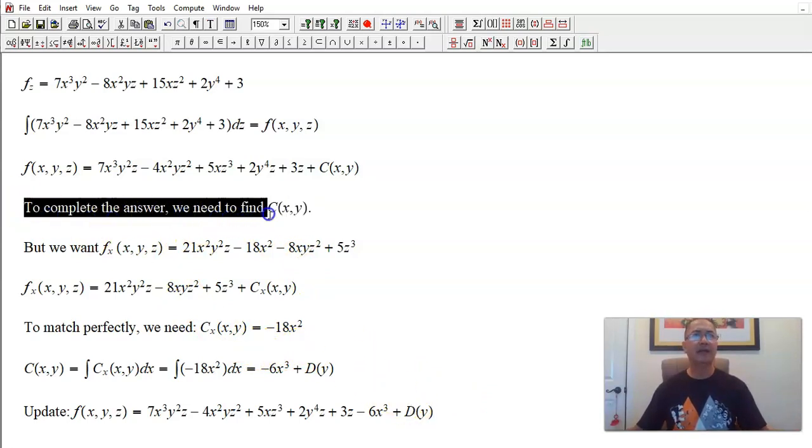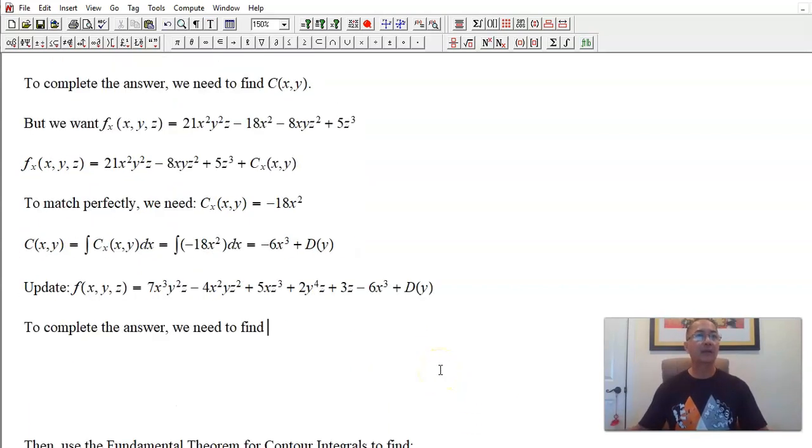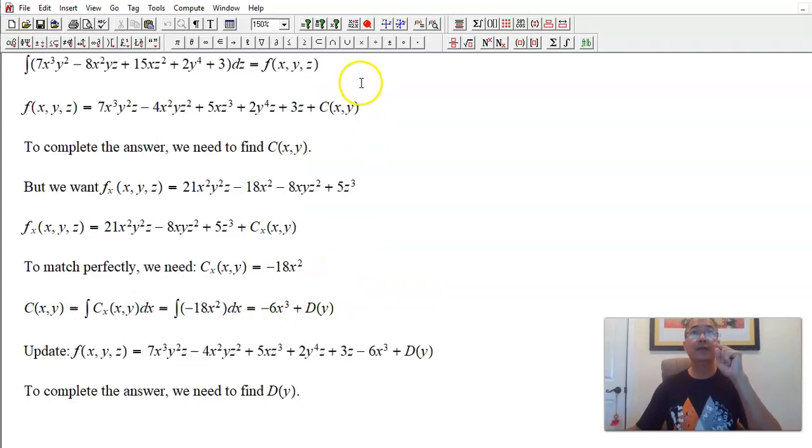To complete the answer, we need to find d of y. So you see what's happening. We had a preliminary answer, level 1. We integrated with respect to z. We were missing a function in two variables, x and y, so we did a second antiderivative.